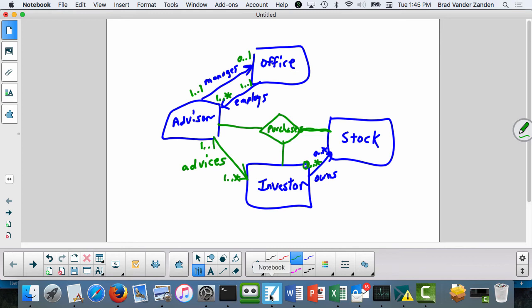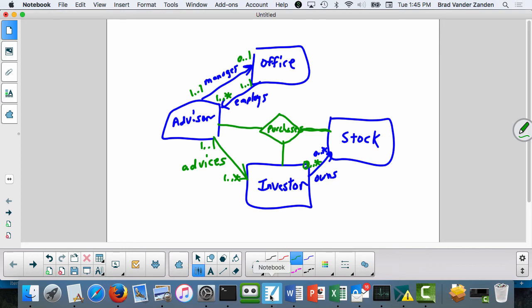Because the stock is also involved in a purchase, it has to be there. Okay. So now it comes down to figuring out the cardinality of the purchases relationship. Okay, so we first take an advisor and an investor. How many stocks can an advisor purchase on behalf of an investor?